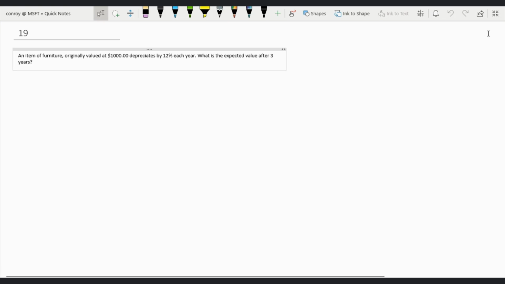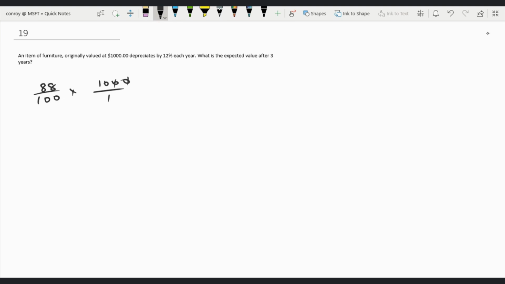All right, so our next question says an item of furniture originally valued at $1,000 depreciates by 12% each year. What is the expected value after 3 years? So we need to find the depreciation of the item. 12%, so we can subtract 12 from 100, which would give us 88. Times that now by the 1,000 for year 1.